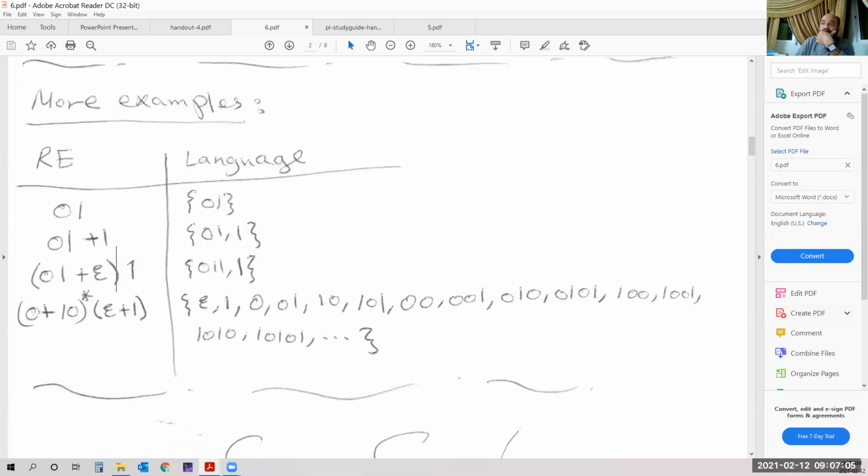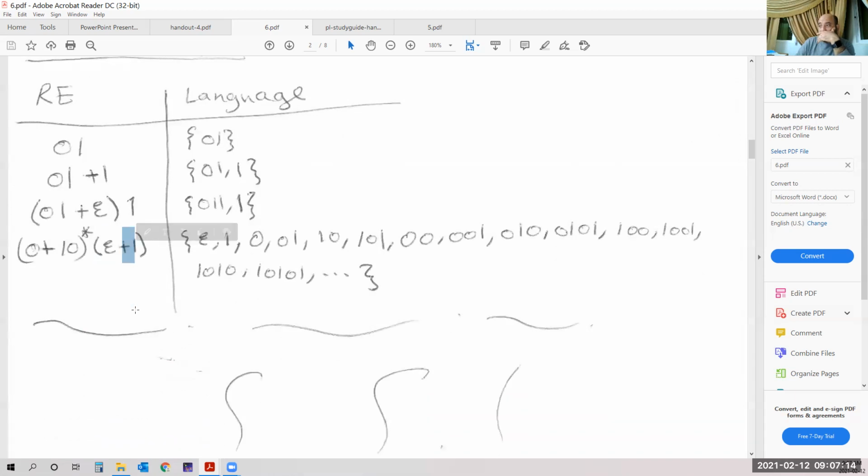You can take any combination because those are stars. I can repeat them as many times, then it is concatenated one time with epsilon and then the other one with 1.